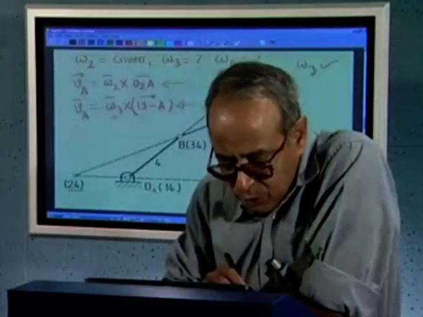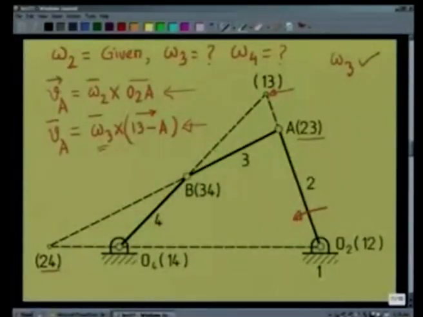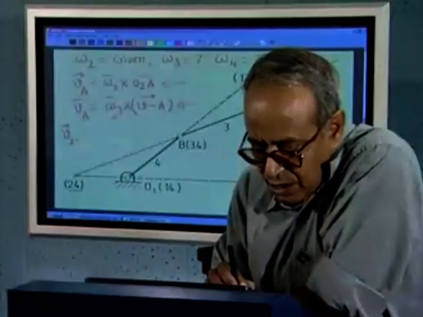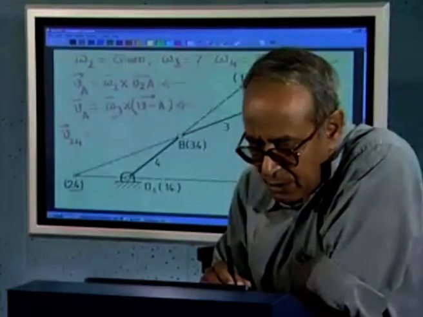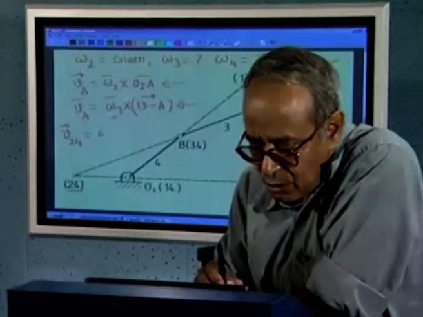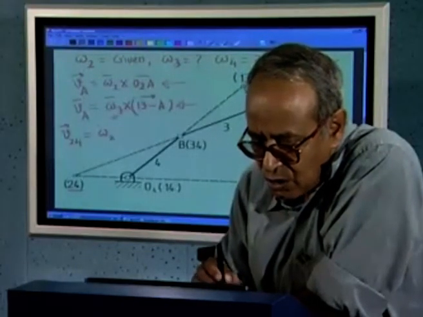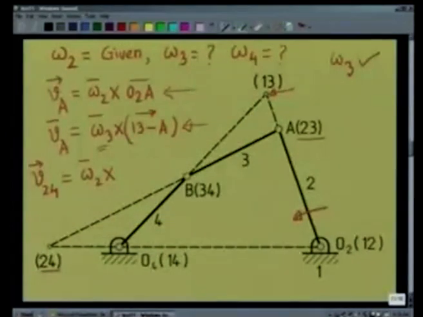If I consider 2 4 to be a point on body 2 which is rotating about O2, the velocity of this point 2 4 is omega 2 cross the vector O2 to the point 2 4.